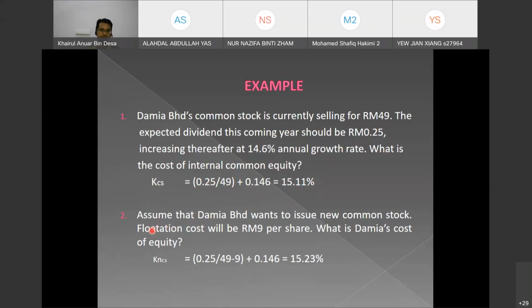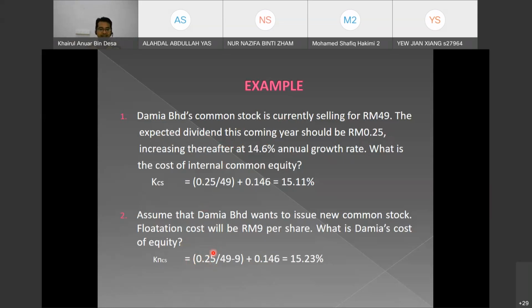Number two, assume that Damia wants to issue new common stock. The flotation cost involved is 9 ringgit per share. What is Damia's cost of equity? So this is D1, next year's dividend. I hope you still remember that the currently paid dividend is D0, and the next year dividend is D1, because this is the expected dividend for the coming year.